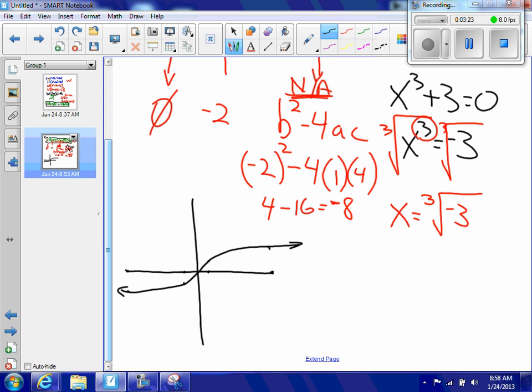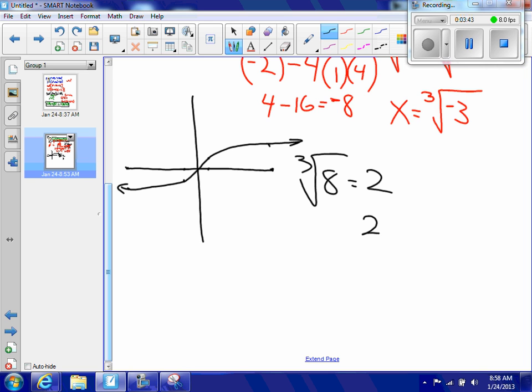But the key part here is, what's a cube root asking for? A cube root is saying, is there a number, when multiplied by itself 3 times, will give me the number underneath the radical sign? So, for example, the cube root of 8 is equal to 2, because 2 times 2 times 2 equals 8.